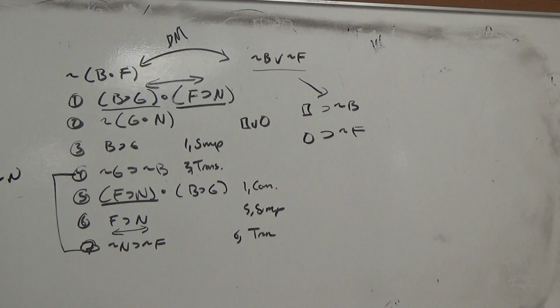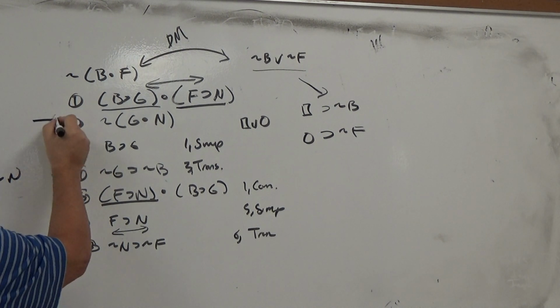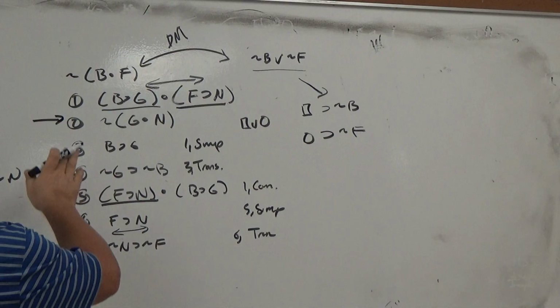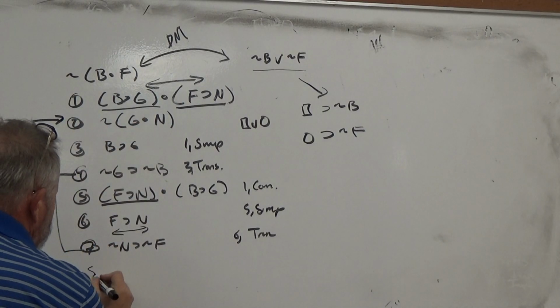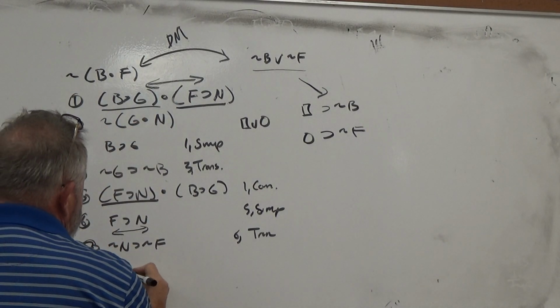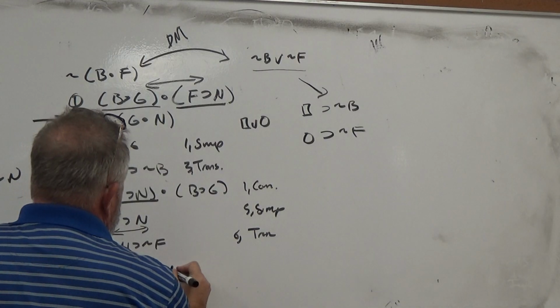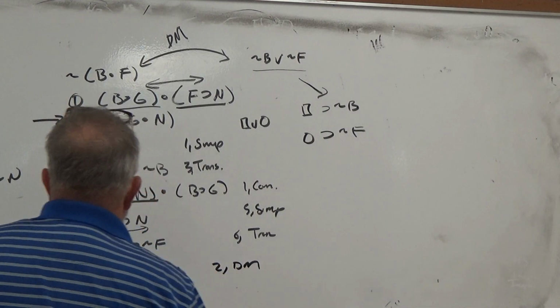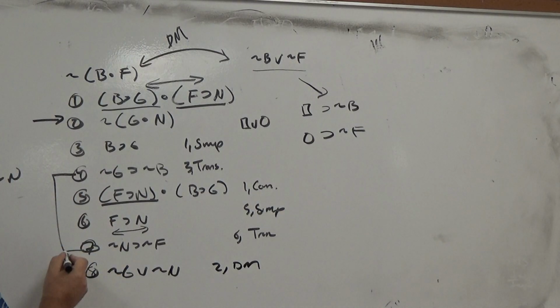I don't have that sitting around anywhere, but there it is, in line 2, in disguise. If I do a De Morgan's on 2, I'm going to get exactly what I need. So let's push this negation through, and that gets me not G or not N from 2 by De Morgan's. So this is exactly the piece I needed.